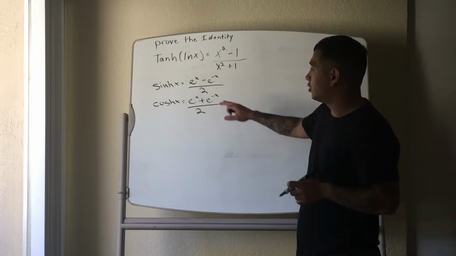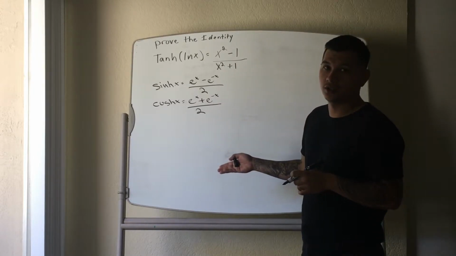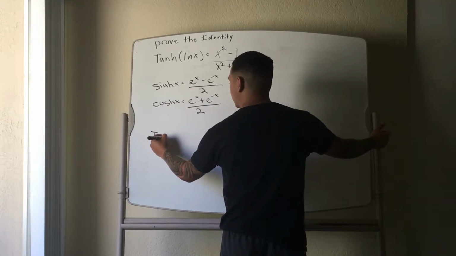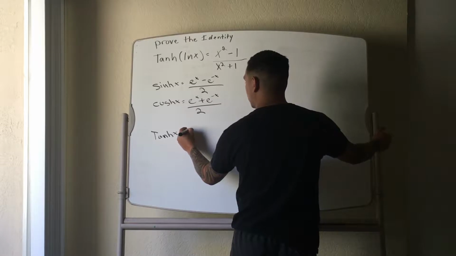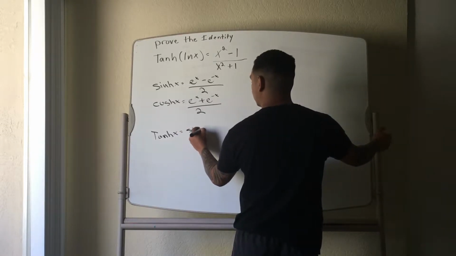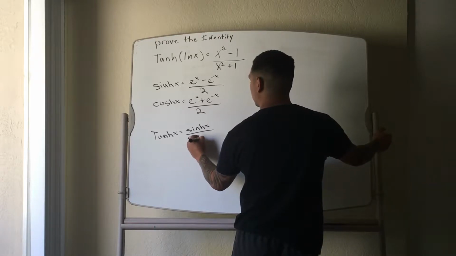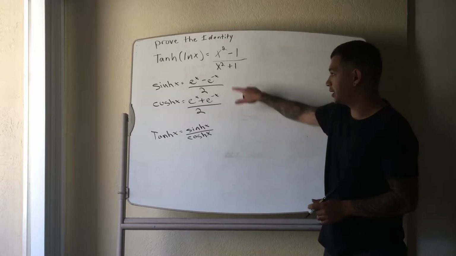right? So you know that tangent is sine over cosine. So similarly, hyperbolic tan of x is equal to hyperbolic sine x over hyperbolic cosine x. So now we just plug it in.